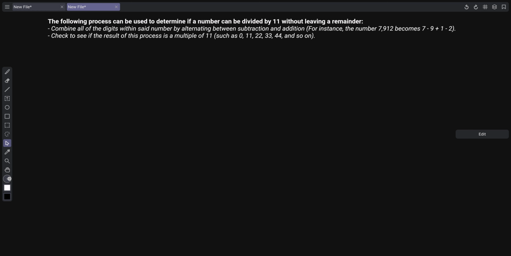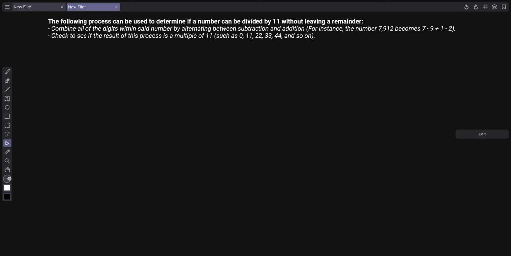Today we will be talking about which numbers can be evenly divided by 11, which is the same thing as saying which numbers can be divided by 11 without leaving a remainder or a decimal.